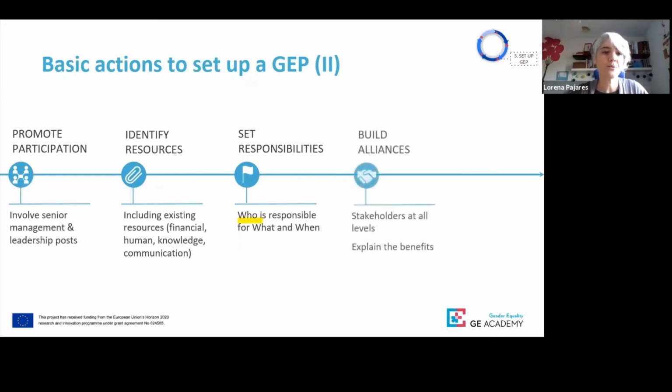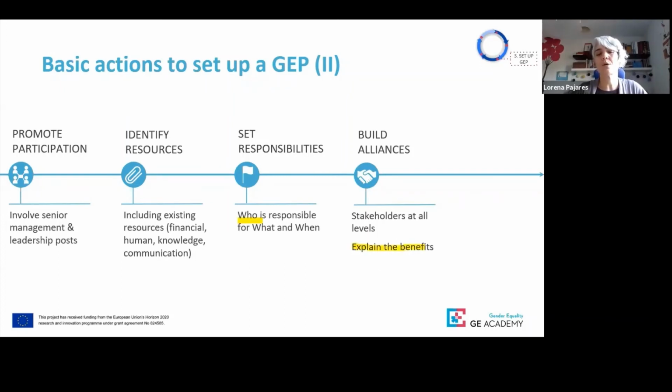Then we need to build alliances. We will need support by stakeholders at all levels, and as you were mentioning, also from outside stakeholders, outside agents, okay? And also from top down and down to top as well, and also from the outside. So the practical tip here would be to take your time to explain the benefits, okay?